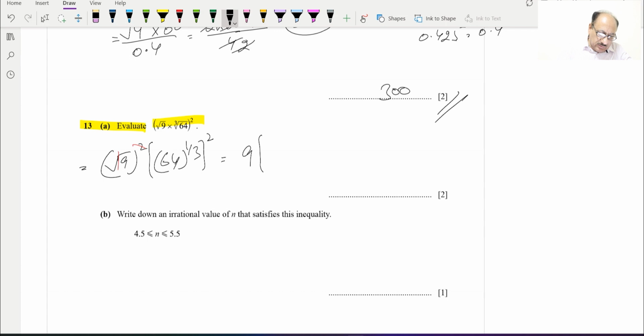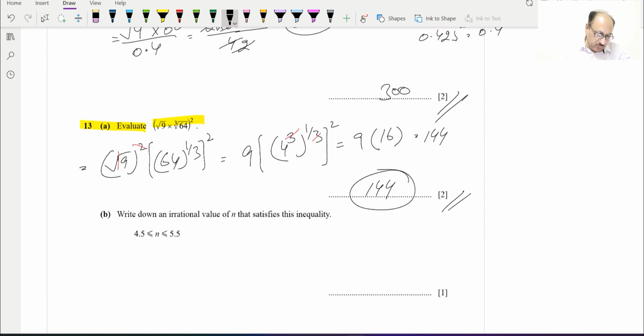And inside the bracket we can simplify. We can write 64 as 4 cubed raised to the power 1 by 3, and the whole will be squared. And then we can cancel this 3 with 3, and next 9 into 4 squared, which is 16, and this will be 144, and 144 will be our final answer for 2 marks.